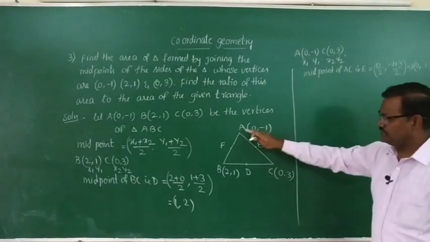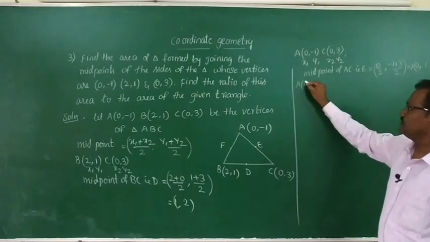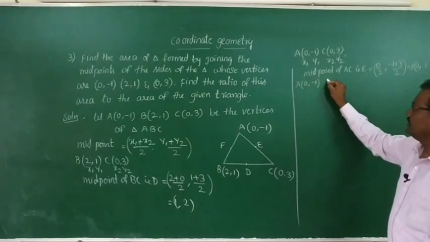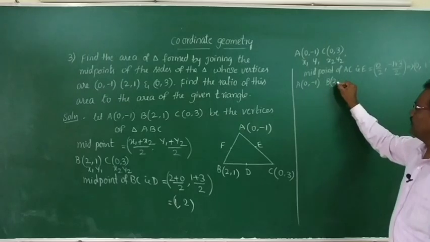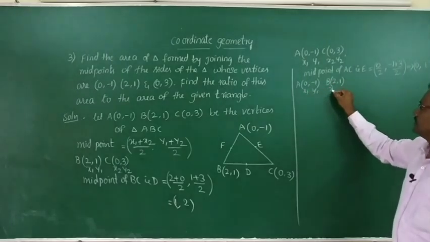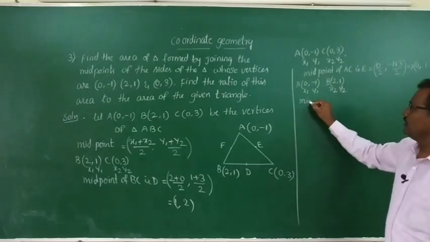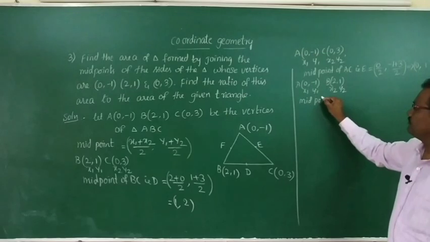Next, the midpoint of AB. Once again, A is (0, minus 1) and B is (2, 1), x1, y1, x2, y2.